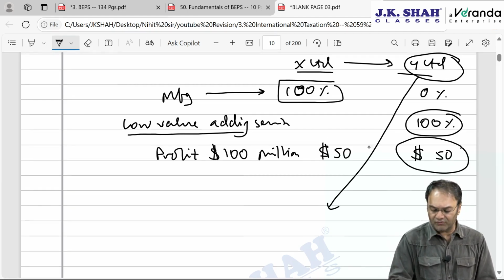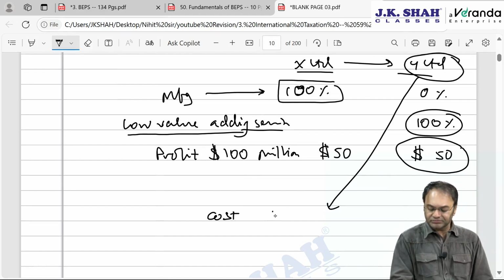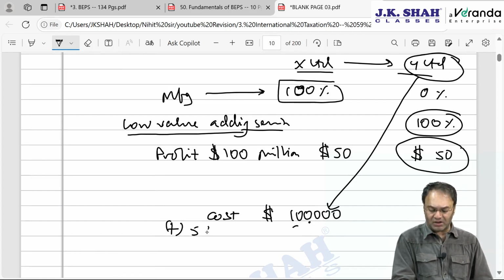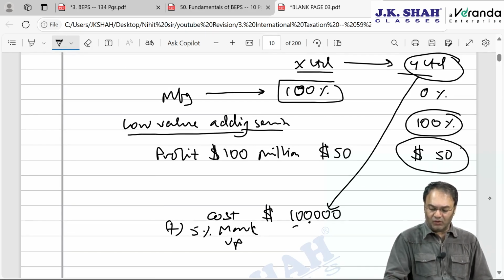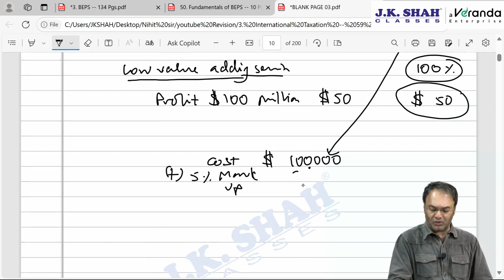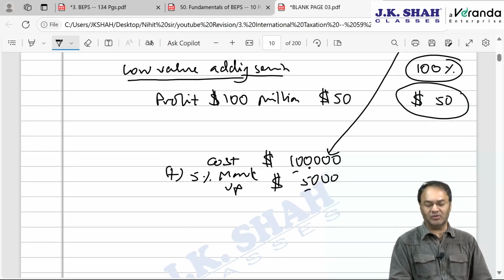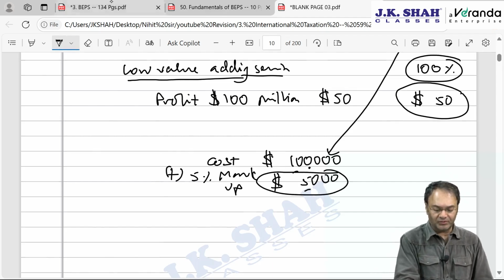So if the cost incurred by Y Limited in providing such low value adding services is, hypothetically, let's say I am taking $1 lakh, then OECD recommends a 5% markup, that is cost plus markup. Out of total profit, the total amount of profit allocated to these people should be just $5,000, 5% of the cost incurred by them. They do not deserve more than this.